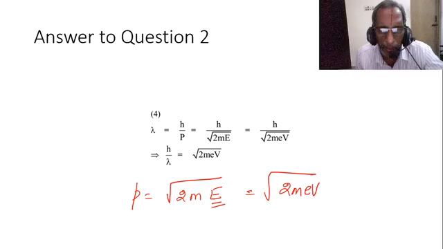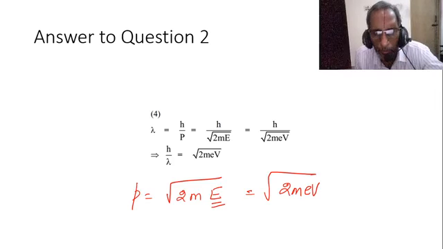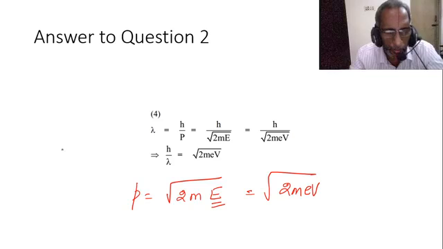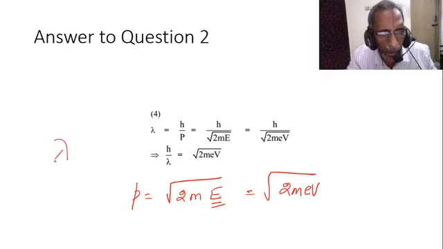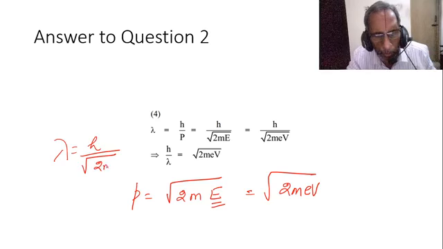So we want h by lambda. Separately write h by p. Lambda is equal to h by root of 2meV, which is equal to h by p.